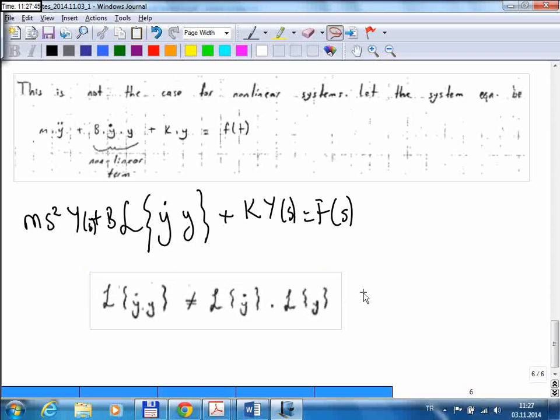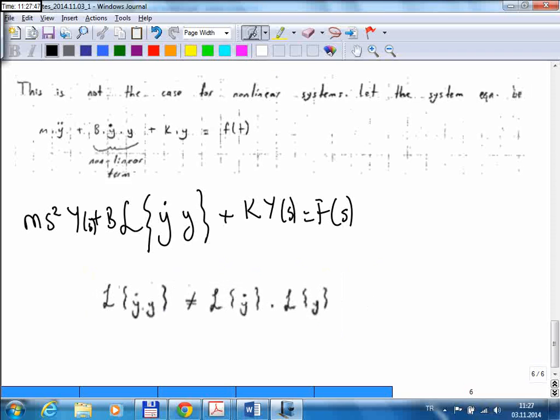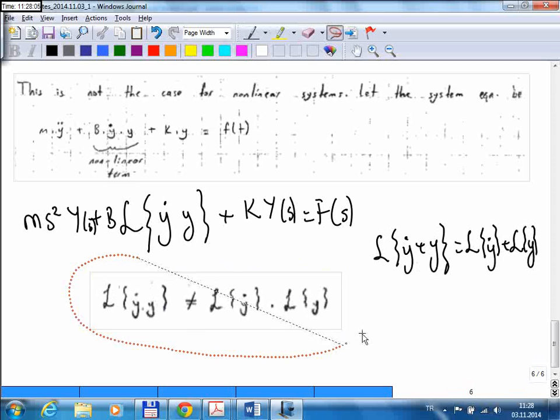The Laplace transformation is a linear operator, right? So if we have the Laplace transform of y dot plus y, we can write it as the Laplace transform of y dot plus the Laplace transform of y. This is because of linearity. But we cannot do the same thing for multiplication. So this equality is not true.